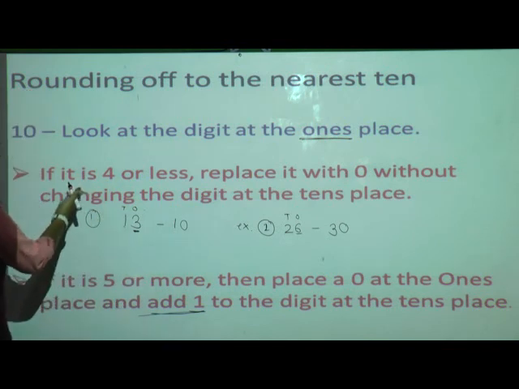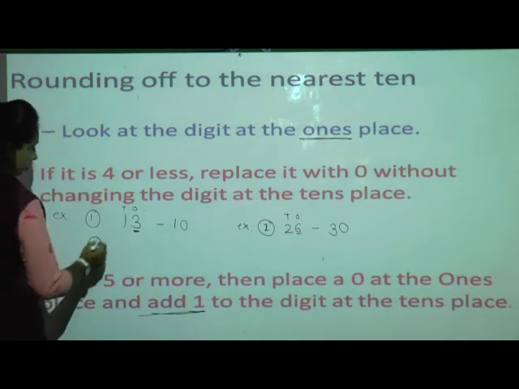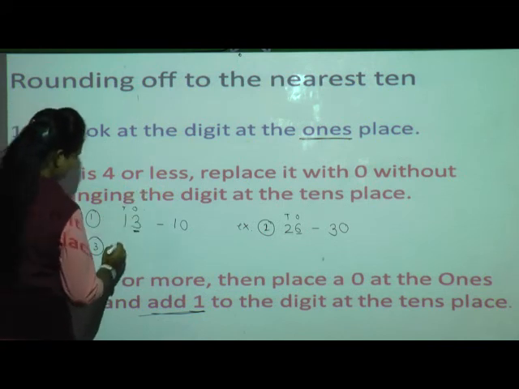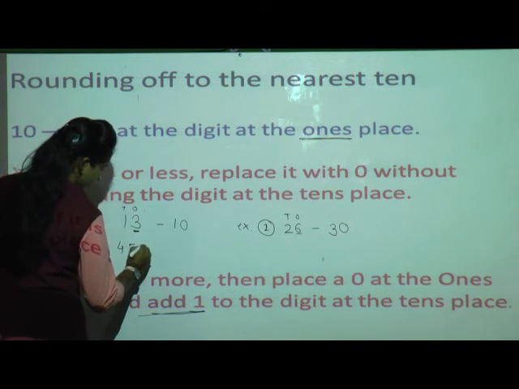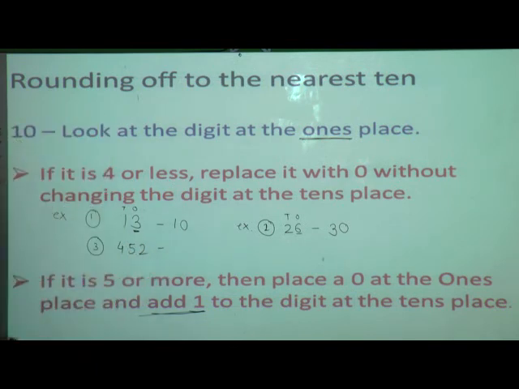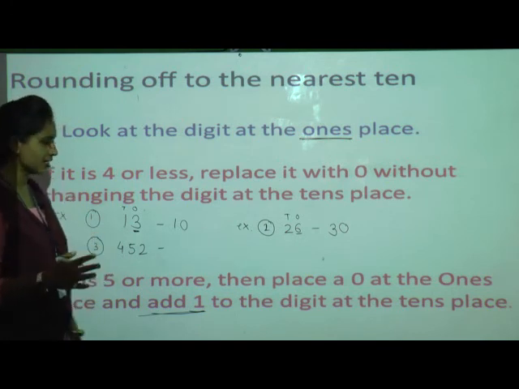I'll show you one more example with this method. Okay, we will take a different number. Now a 3-digit number is given, so no need to worry how many digits they give, it doesn't matter. Just read the question properly. What is the question? Nearest to 10.